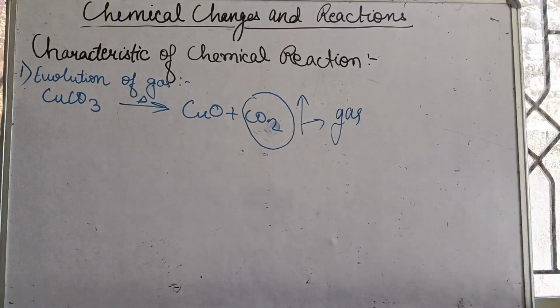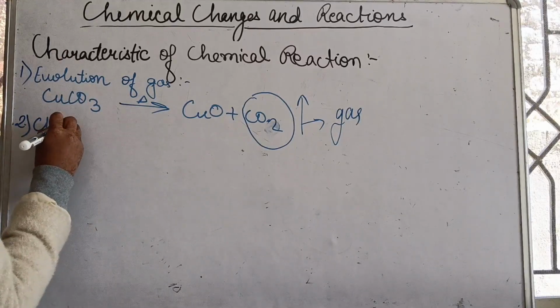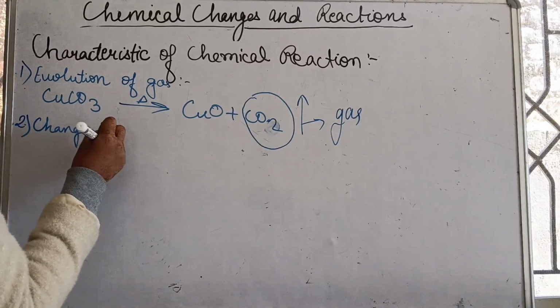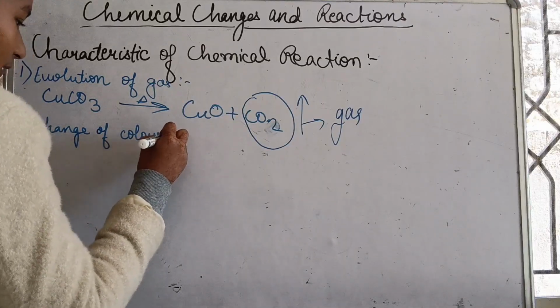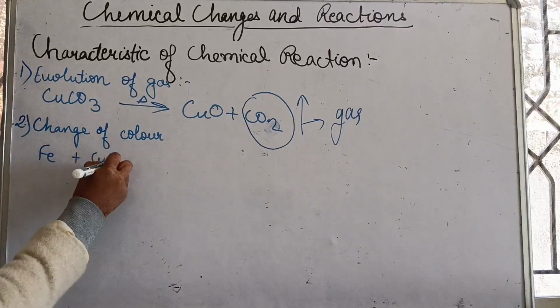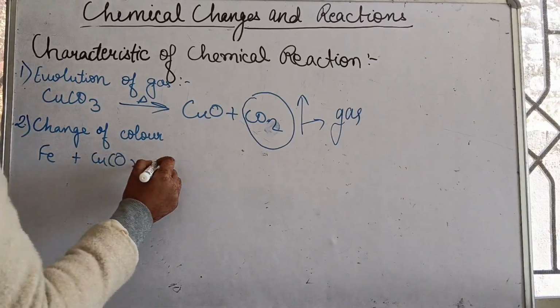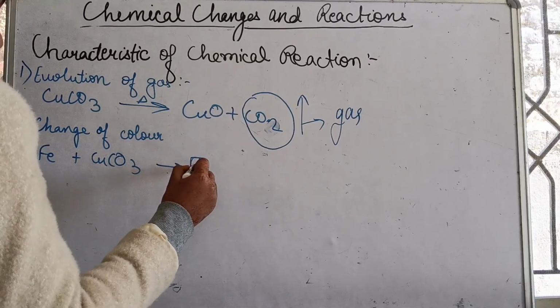Second is the change of color. Example, Fe plus CuCO3 gives FeCO3.